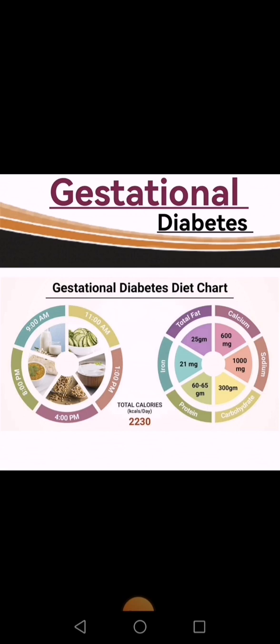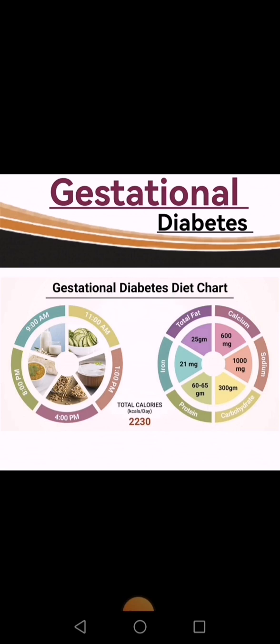Calcium: 600 milligrams per day is required for a pregnant woman facing gestational diabetes. Sodium: 1000 milligrams. Carbohydrates per day: 3 grams needed. Protein: 60 to 65 grams, and last is iron. Only 21 milligrams per day of iron is needed.